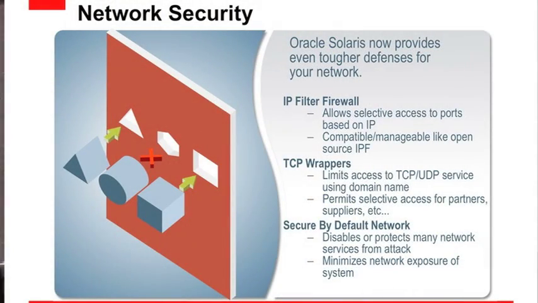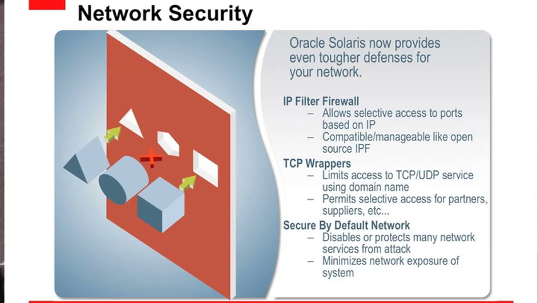So let's start off with a quick overview of some of the network security features. This is actually a slide from Solaris 10, but of course it still applies to Solaris 11. Built into Solaris, now Oracle Solaris, is the IP filter capability to restrict specific ports and so on, and it uses the standard IPF management interface.